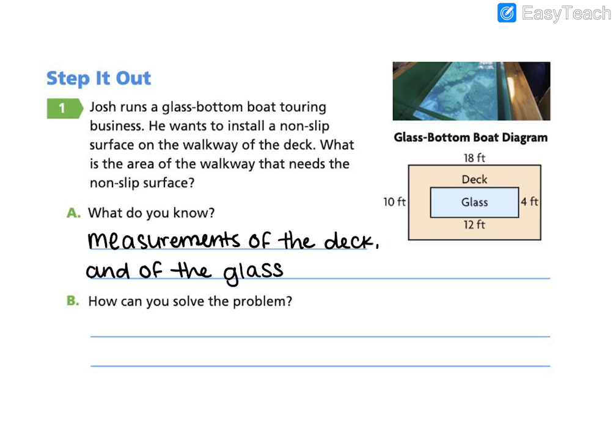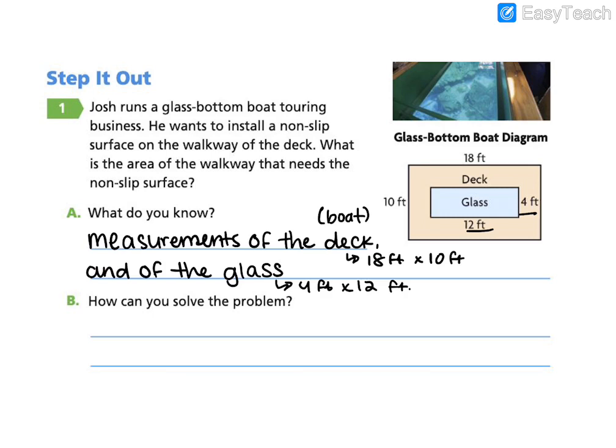Now, this measurement of the deck is really of the entirety of the boat. So the deck measurements, let's label. If you can label next to it, it would be helpful. The deck is 18 feet by 10 feet. And the glass is this here, 4 feet by 12 feet.